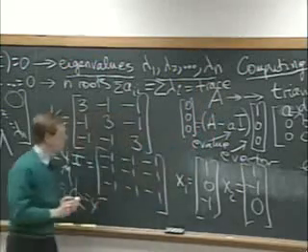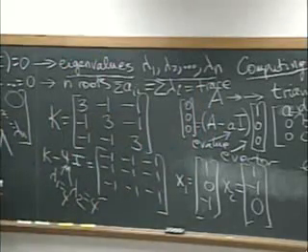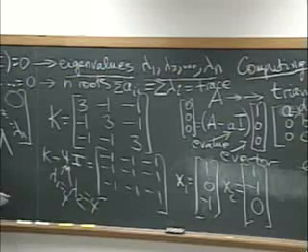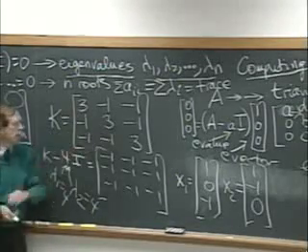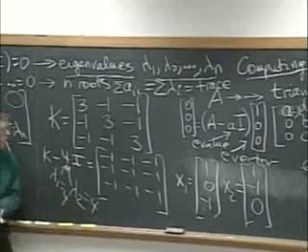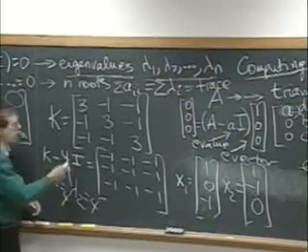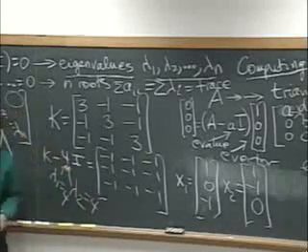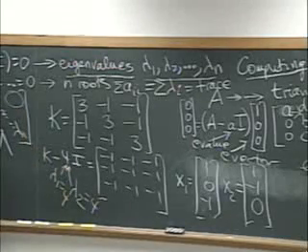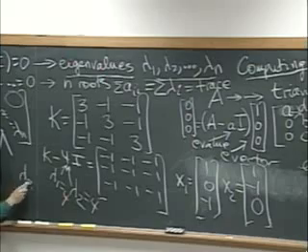Okay, so what's the remaining eigenvalue? Must be 1, right? The trace is 9. We've already got 4 and 4, used up 8, so the third eigenvalue must be 1 from the trace.